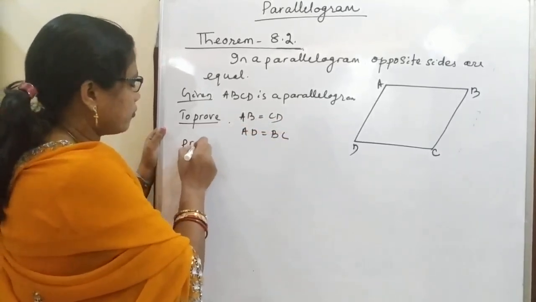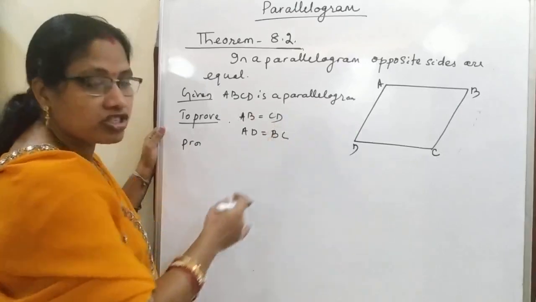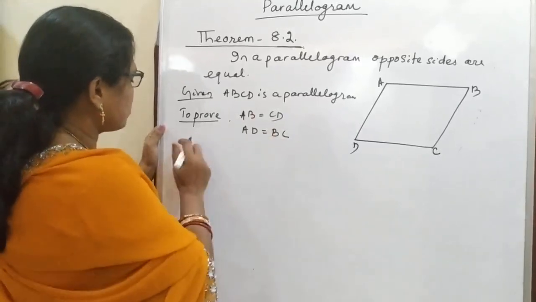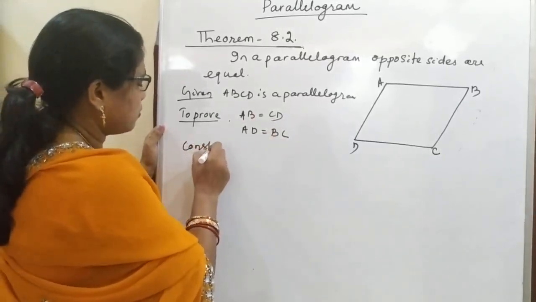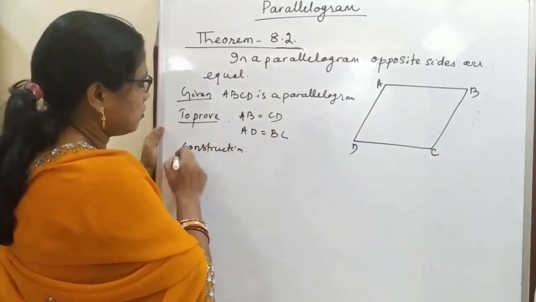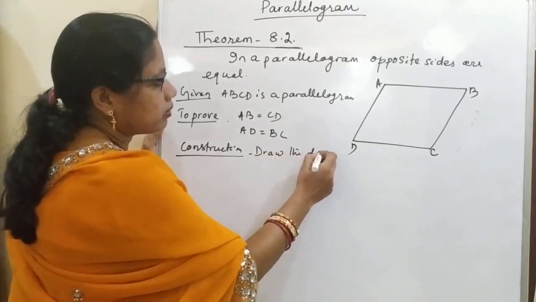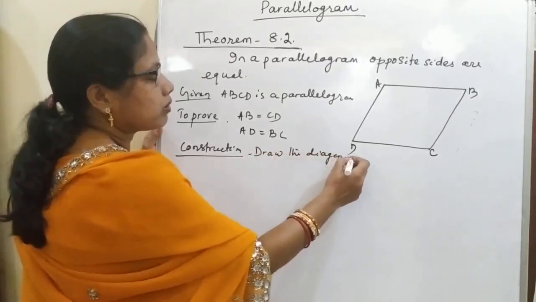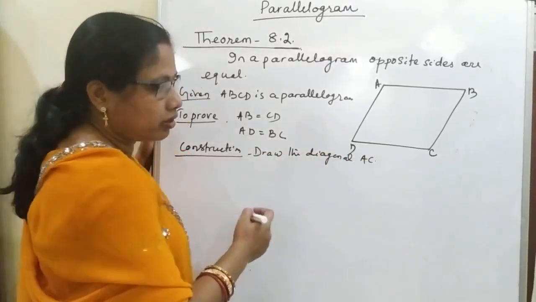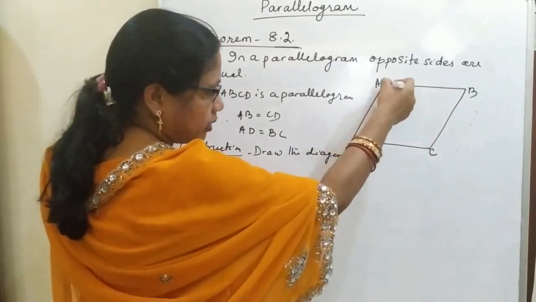Then the proof. Here construction is required. So we have to construct, draw the diagonal. Any diagonal you can draw. So here I am drawing the diagonal AC.